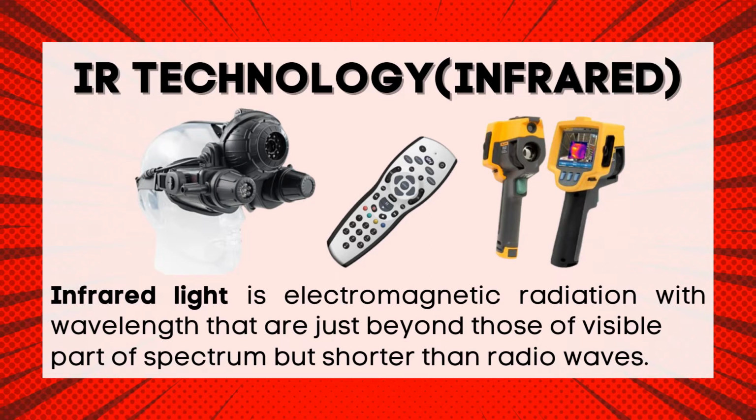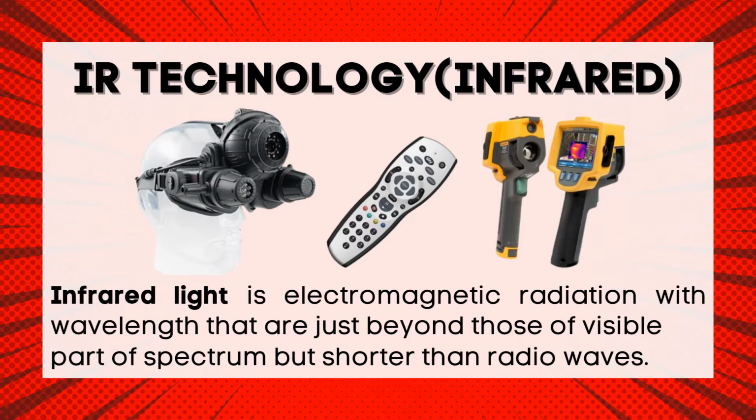Infrared is widely used in applications such as night vision devices, television remote controls, and thermal imaging devices. Those were samples of devices that use infrared. The distance of infrared varies with the length of the object, but is usually 20 to 50 feet for an electronic household device.